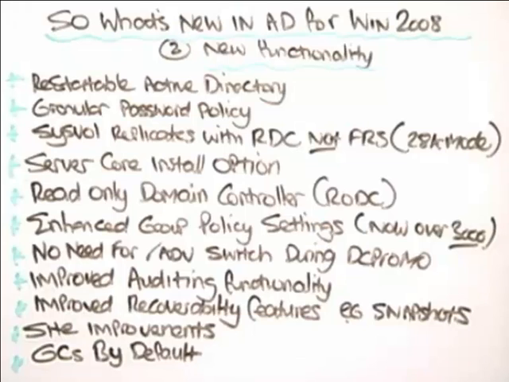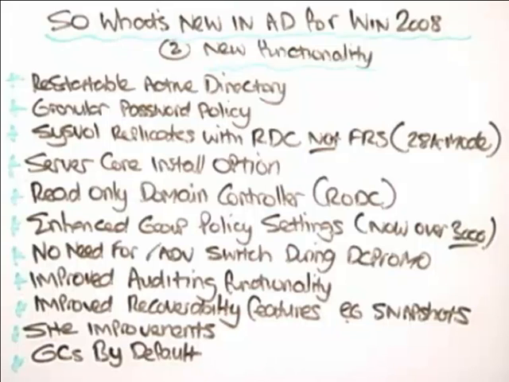This also allows us for the first time to separate administrator roles. So rather than allowing users at the remote site to have full administrator rights, now you don't need to. Now we can actually make them a read-only domain administrator. Also, we've got enhanced group policy settings. Now, if you're one of these people that have installed Windows Vista just on a standalone machine, to be honest, I don't actually think you're getting the full power of the operating system.